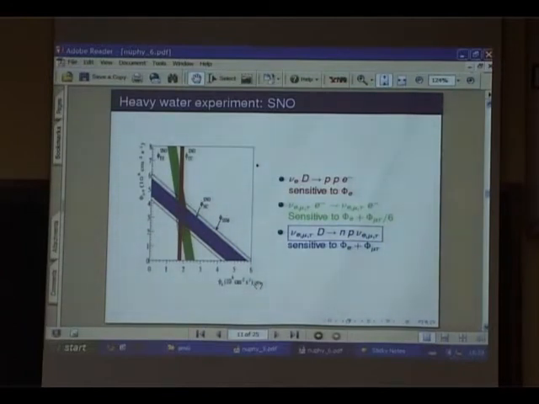So two good things. One is that all these three bands intersect at a point, or in some region. So we are consistent. Second, this blue band, the neutral current, falls exactly between the predictions of the solar model. This φ SSM is the prediction of the standard solar model, and it turns out that this blue band falls exactly in the middle.